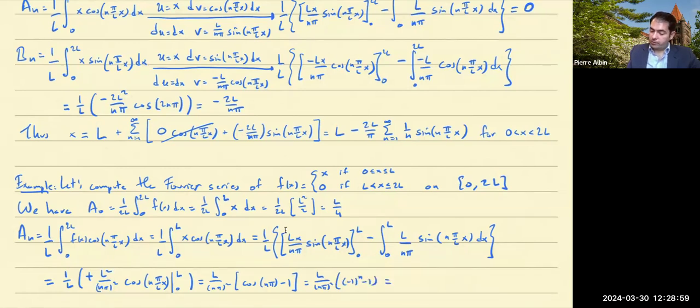And so that's equal to 0 if n is even, and minus 2L over n pi squared if n is odd.